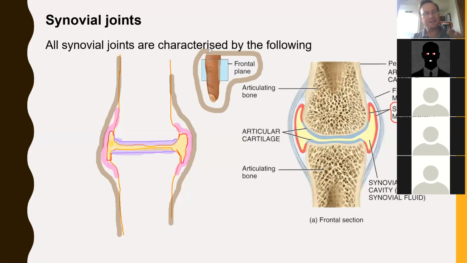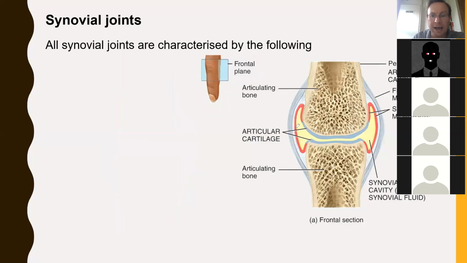So when we see a synovial joint, we always see this kind of structure that we've got on the right-hand side, but synovial joints can be quite wildly different in terms of their shape, but they always have the same component parts. They have cartilage to allow the two bones to slide past.